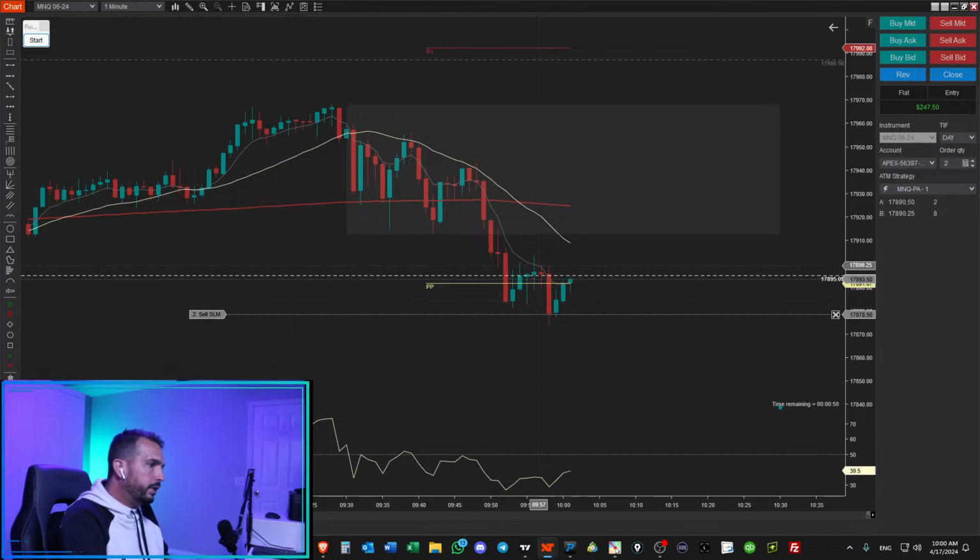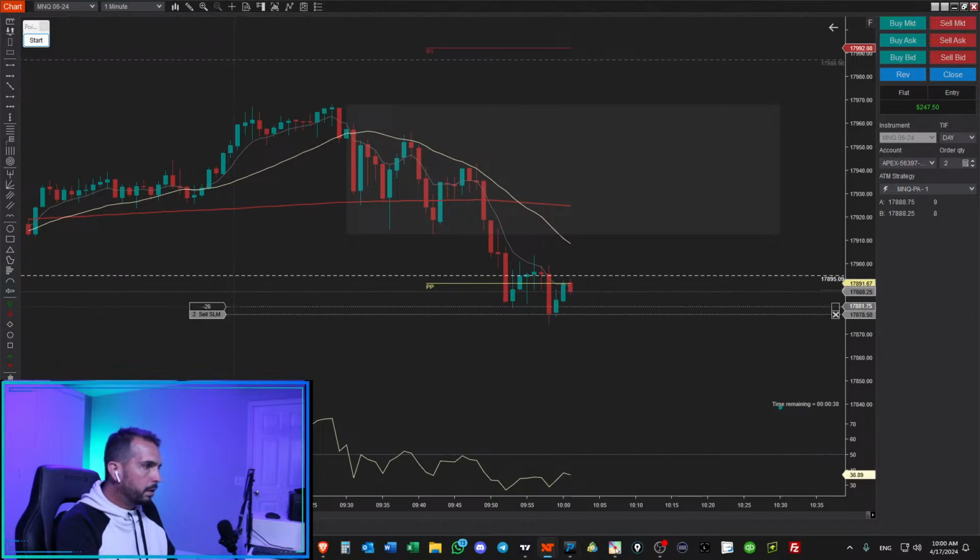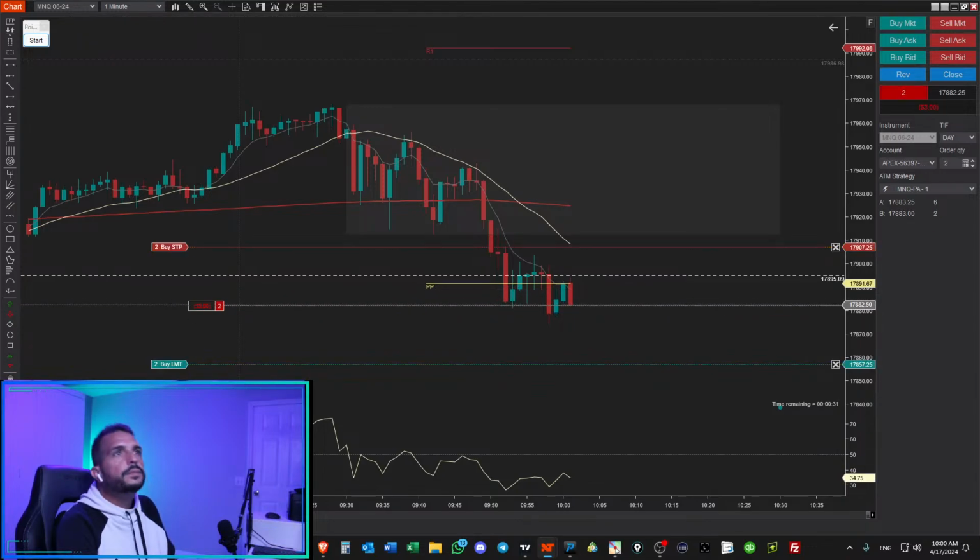I enter right there, stop short, because I like the break of the pivot point. There we go, we enter there. Stop right there.